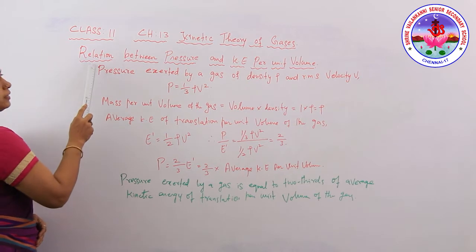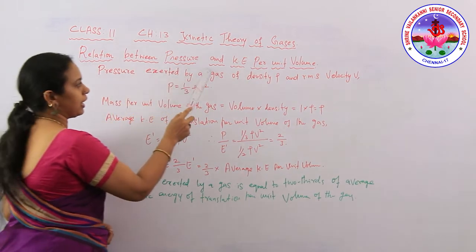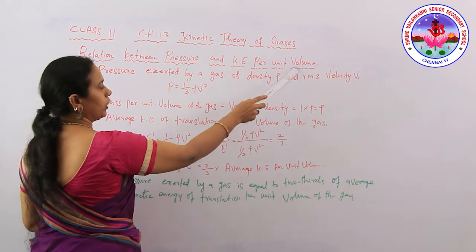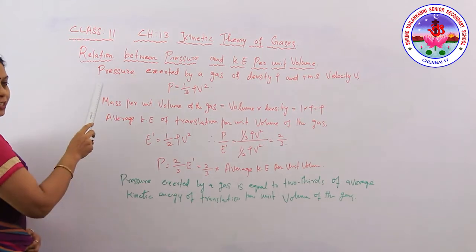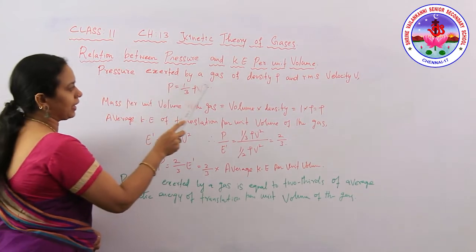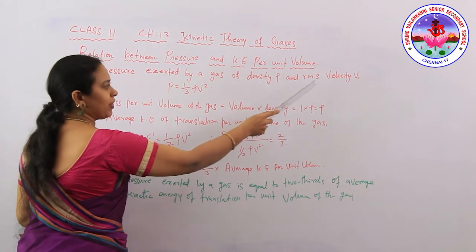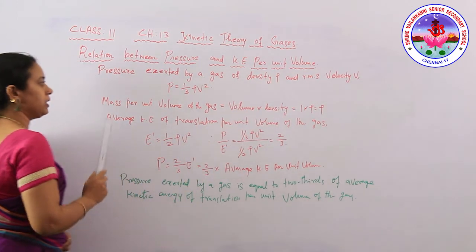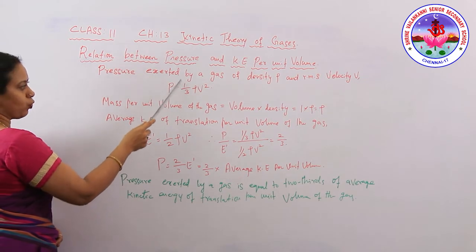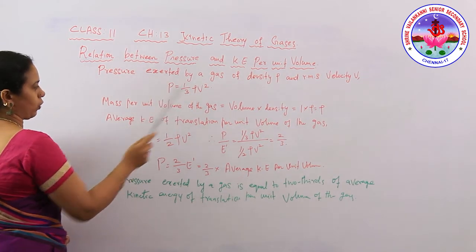Yes, students. The relation between the pressure and the kinetic energy per unit volume. Now, the pressure exerted by a gas of density rho and RMS velocity V is P equal to 1 by 3 rho V square.